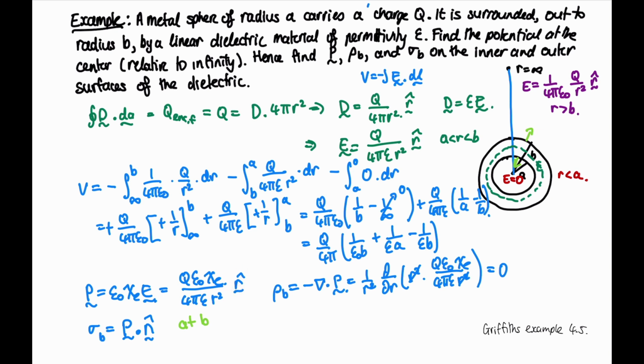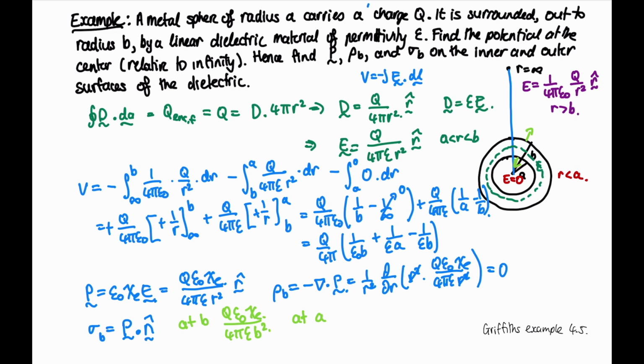And so this is just going to be equal to Q epsilon naught times the susceptibility over 4 pi epsilon B squared. And then at A, in this case, we've got the polarization is outwards while the normal vector is inwards.